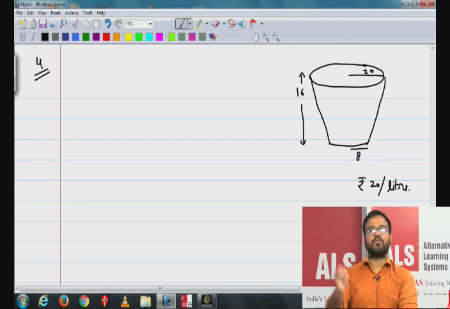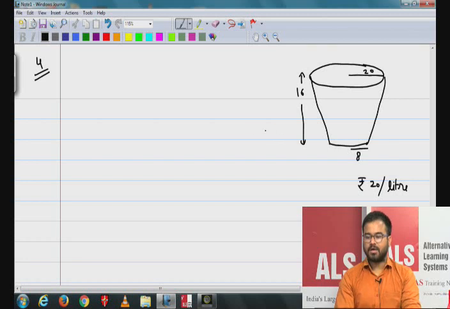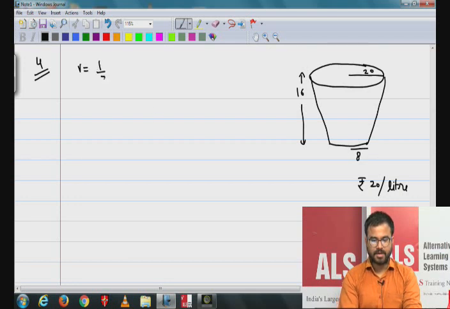So first of all we have to figure out the volume of that tank in terms of liter, then multiply it by 20. For the volume, we can directly solve it. Volume is 1 by 3 pi h (r1 square plus r2 square plus r1 r2).